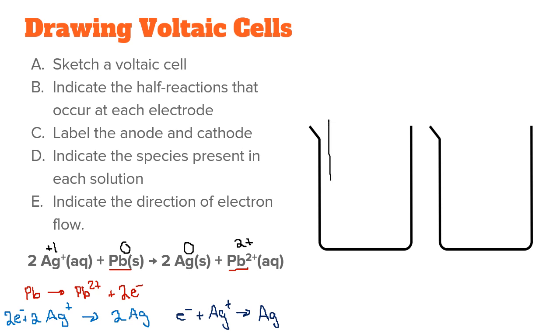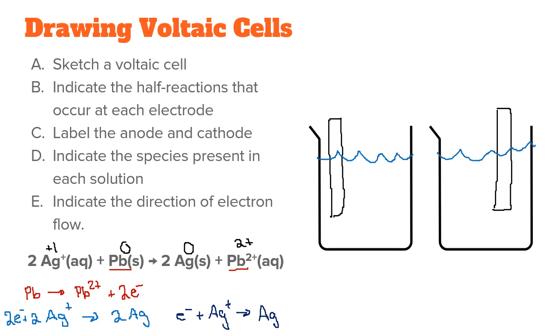So we're going to have a solid electrode here, a solid electrode on the other side. Both of these are going to be in some sort of solution, and they're going to be connected with a wire and with a salt bridge.